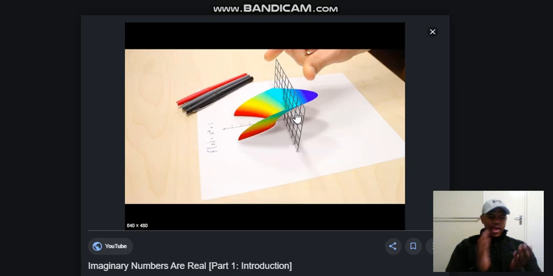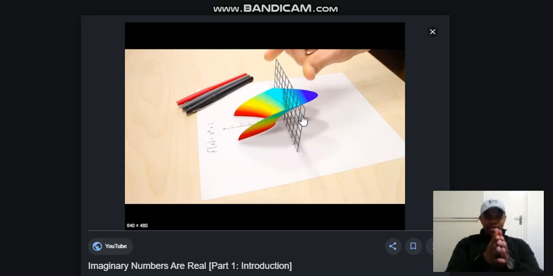You can't have a velocity with a real part and an imaginary part. You really can't. What would you be doing? Are you traveling in the... what's happening?